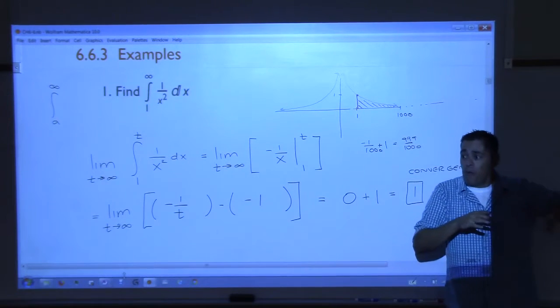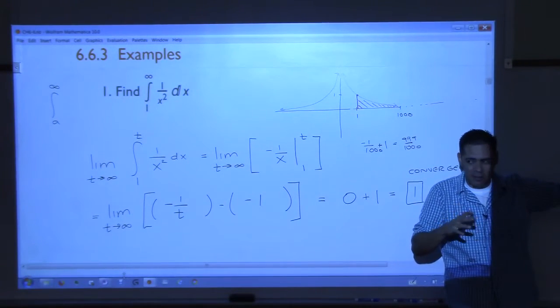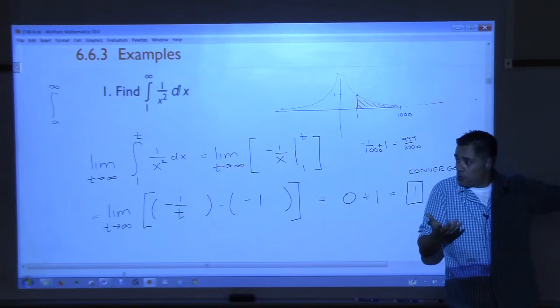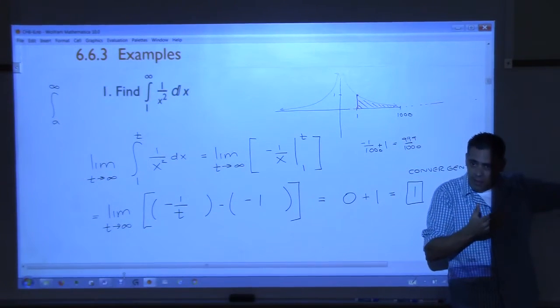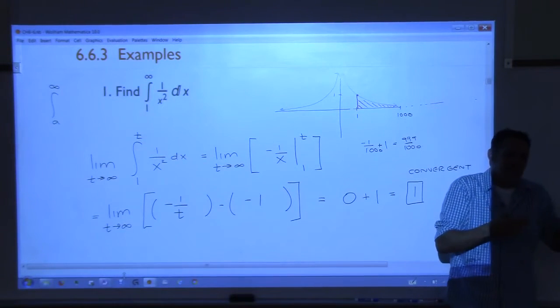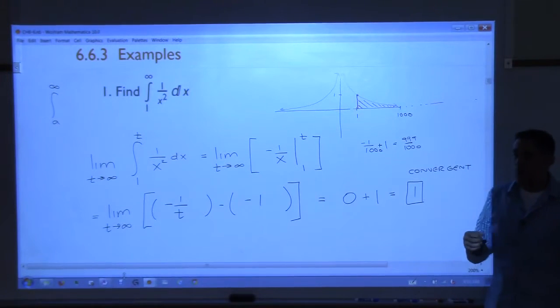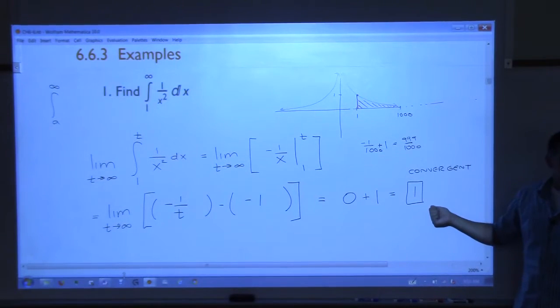If you could go forever, which is conceptual, right? Then you would have 1. Thing is, you can't ever go all the way forever, but the further you go, the closer you get to 1. You will never exceed 1, though. That's the key, though. You'll never go past 1, ever.